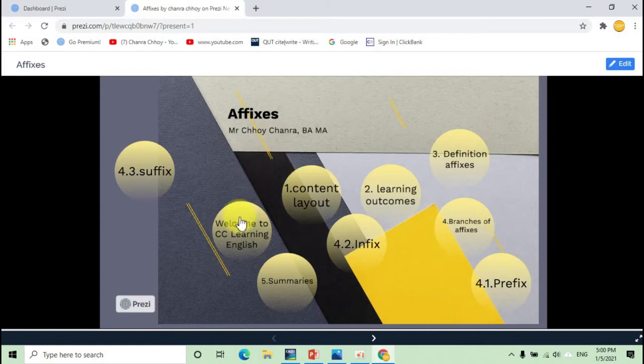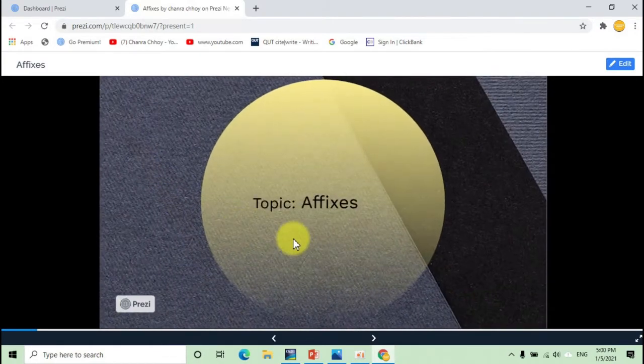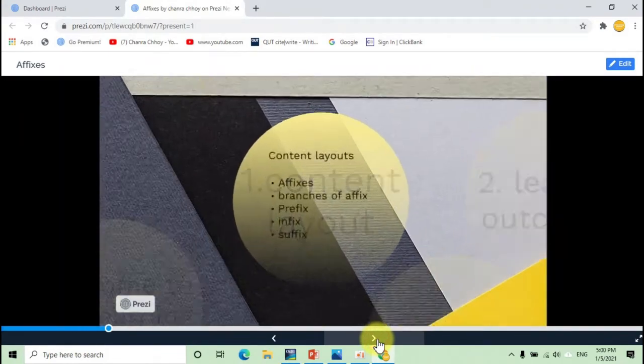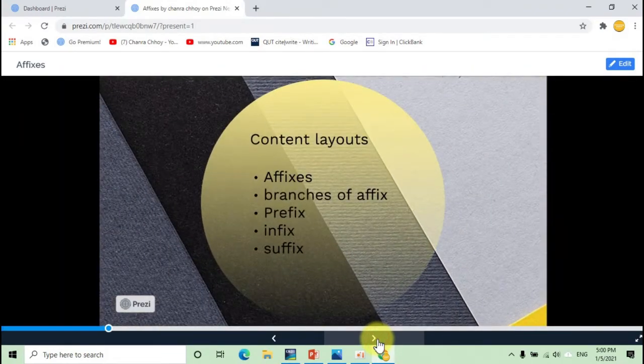All right, so the first topic is talking about affixes. What are affixes? If you stick around with me until the end of the lesson, you will understand about affixes. Now here we go to number one. I will make a content layout for you to understand what we are going to do.